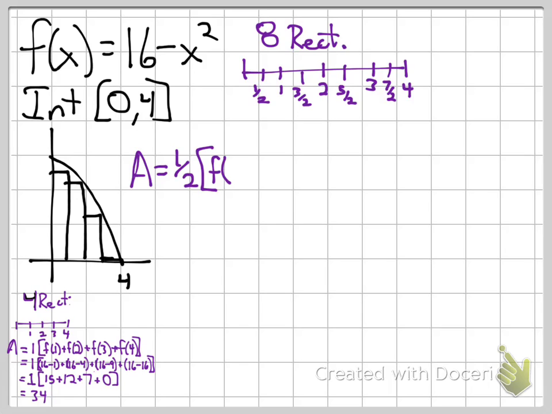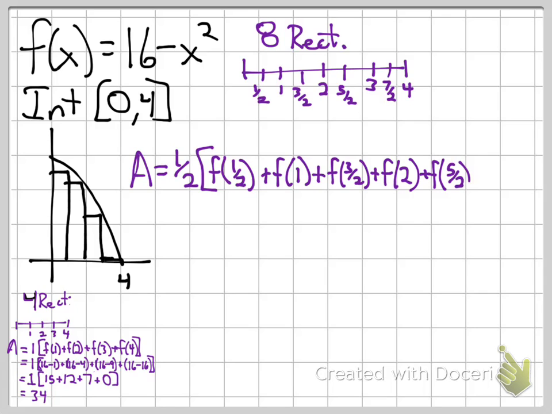So I have f of 1 half plus f of 1 plus f of 3 halves plus f of 2. Really just filling them all in. Okay, now we put them in our function.